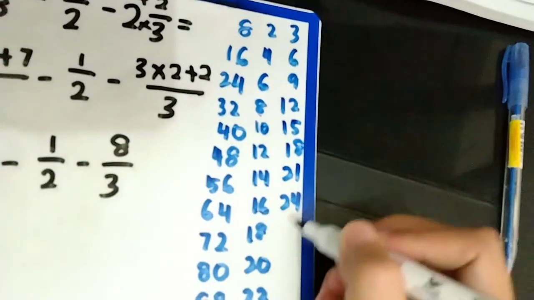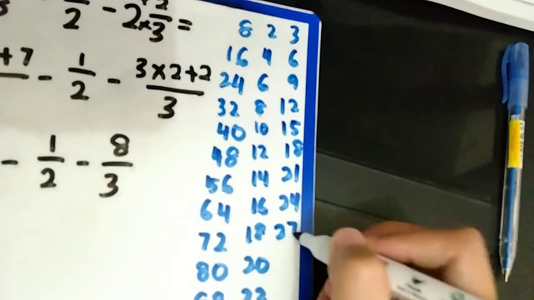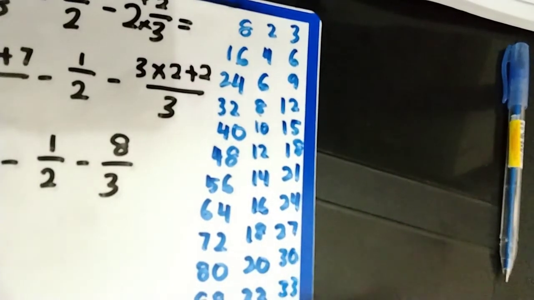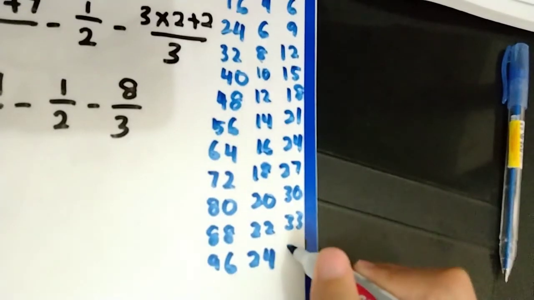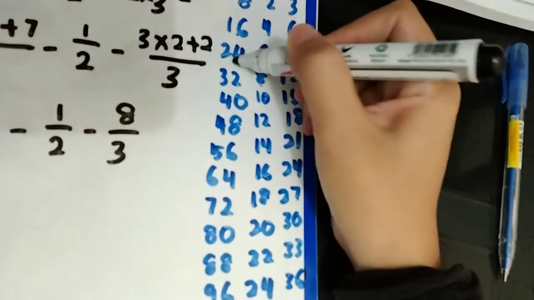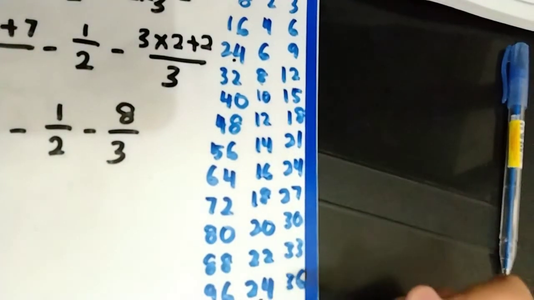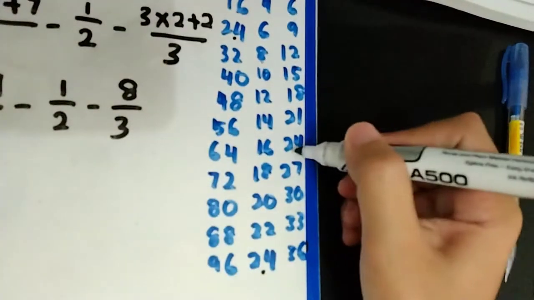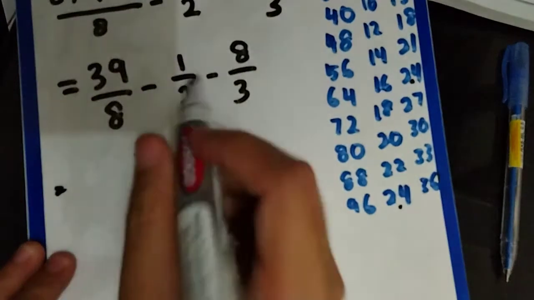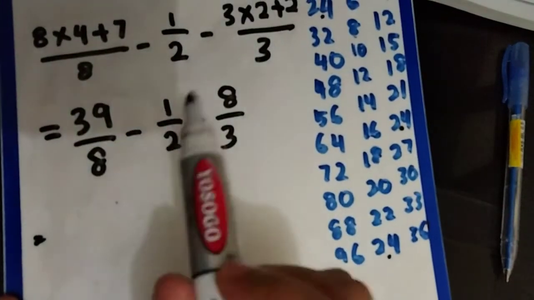So remember, when you have free time, please remember the multiplication tables so you can see clearly. So how to find the common denominator? Choose the same number that appears in all 3 multiplication tables, which is 24. The smallest one is 24.